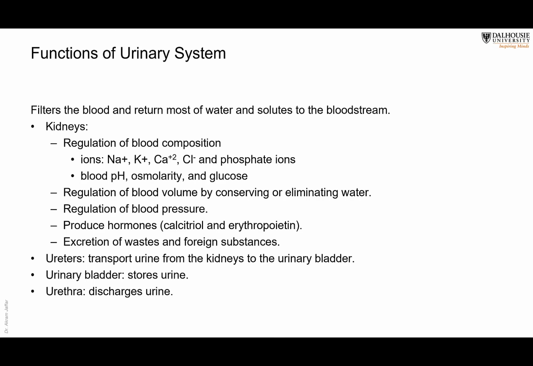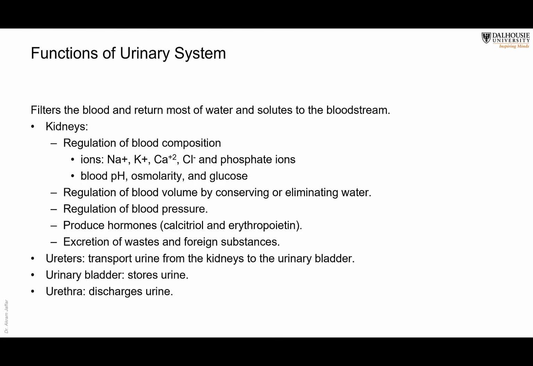These are the functions of the urinary system. It filters the blood, and returns most of the water and solutes to the bloodstream. You will see that about 180 liters of blood are going to be filtered in the kidney each day, and then most of that is going to be reabsorbed.